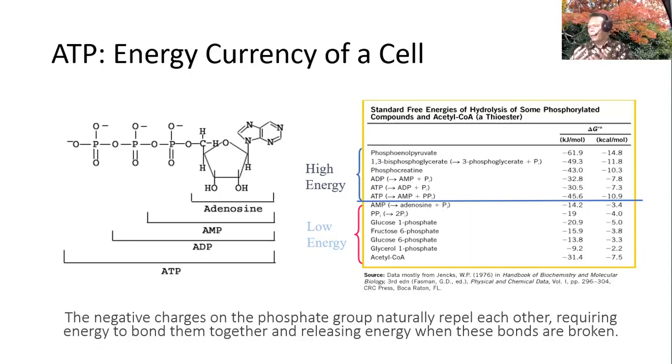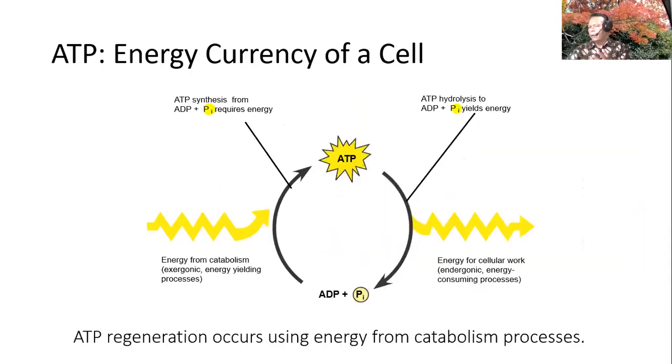Okay. Now let's move to ATP as the energy currency of a cell. Let's see this one. From ADP into ATP, there should be phosphorylation.